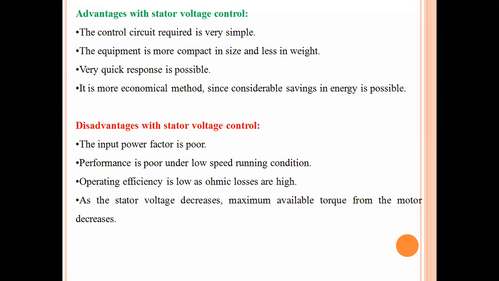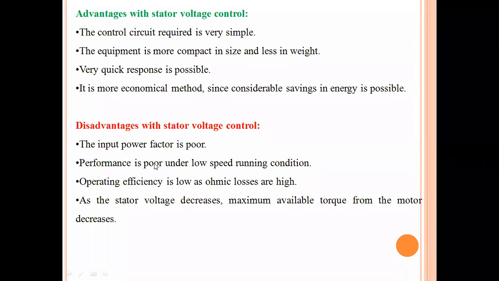So poor power factor is one of the major disadvantages. To get rid of this, we need extra circuitry or an extra control mechanism to improve the power factor at the input terminals. Every power electronic converter needs this to improve the input power factor.